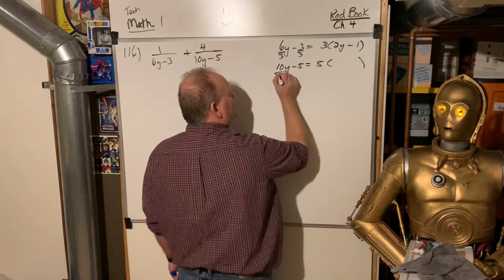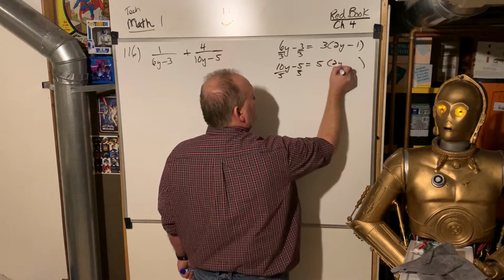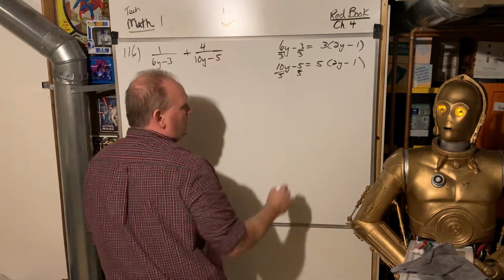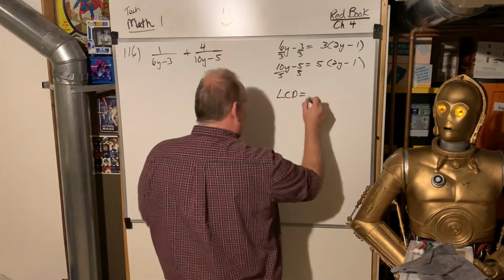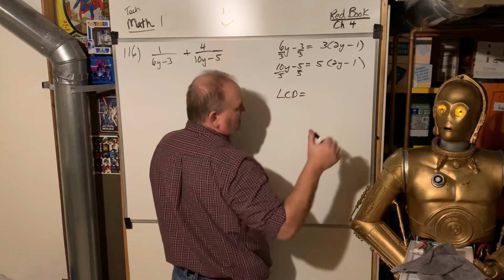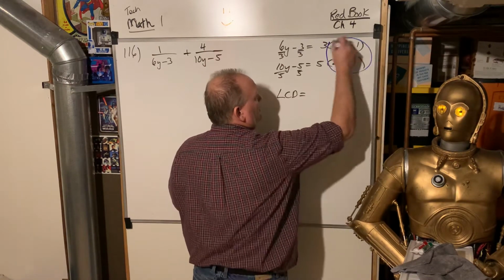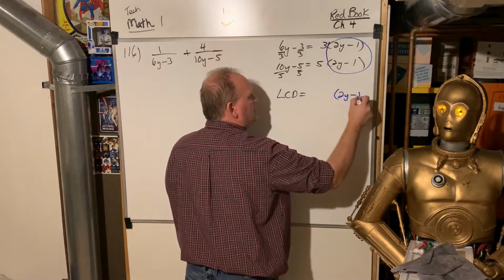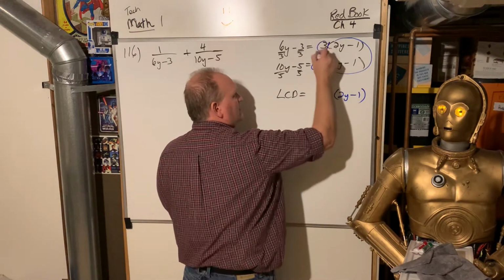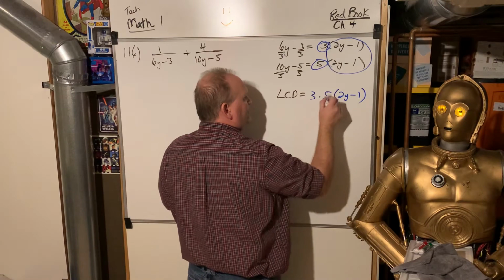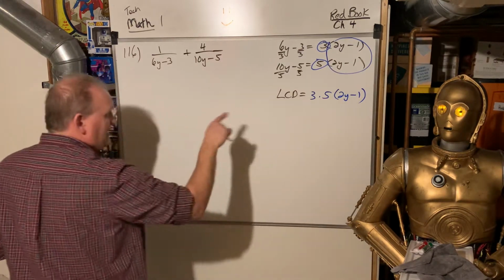And that is also 2y minus 1. And so when we want the LCD, you take what they have in common first, which is the 2y minus 1, and then you take the leftovers, which is the 3 times the 5, okay? So we'll leave it like that.